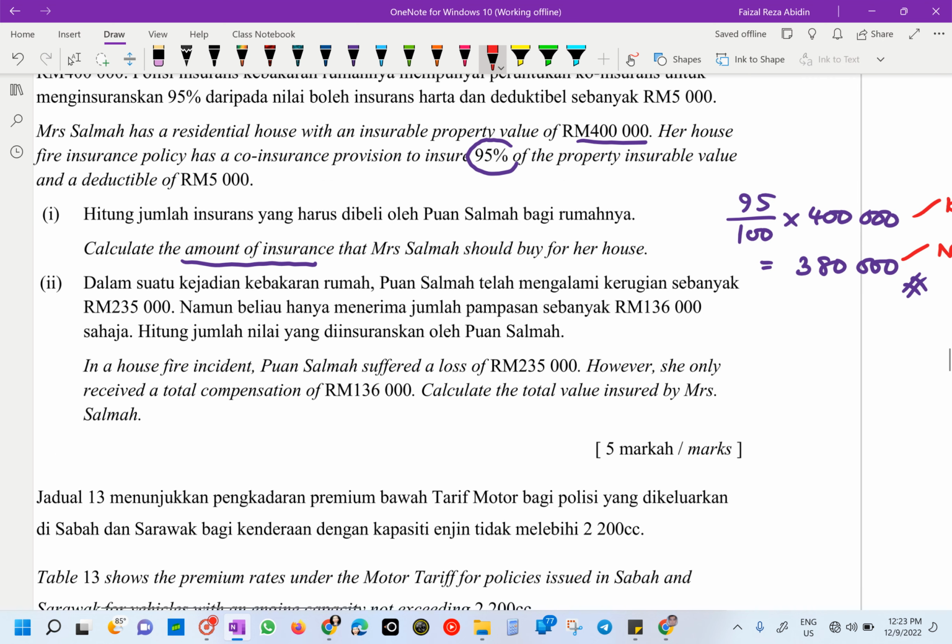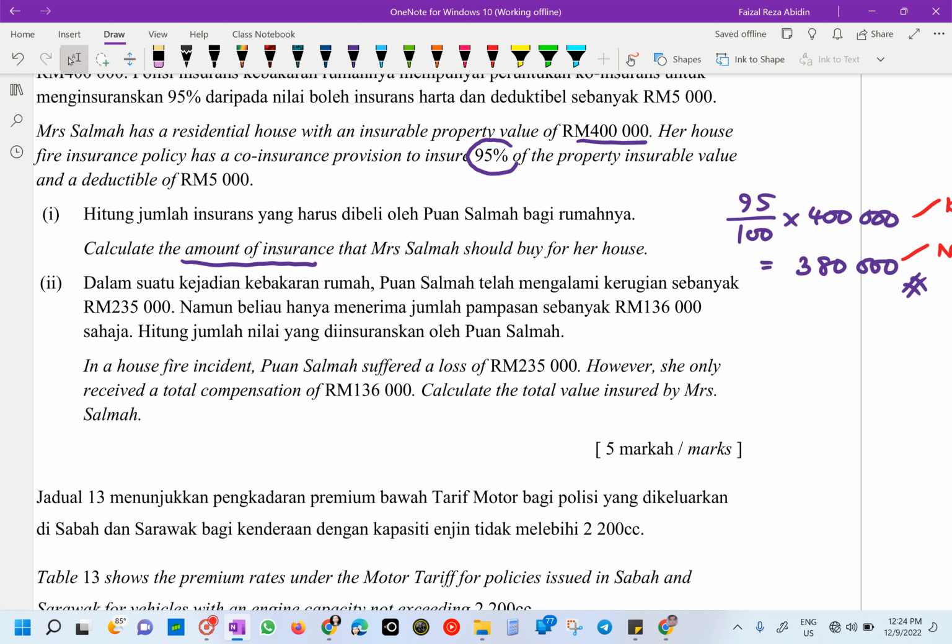Next. In a house fire incident, Puan Salma suffered a loss of 235,000. However, she only received a total compensation of 136,000. Calculate the total value insured by Mrs. Salma.